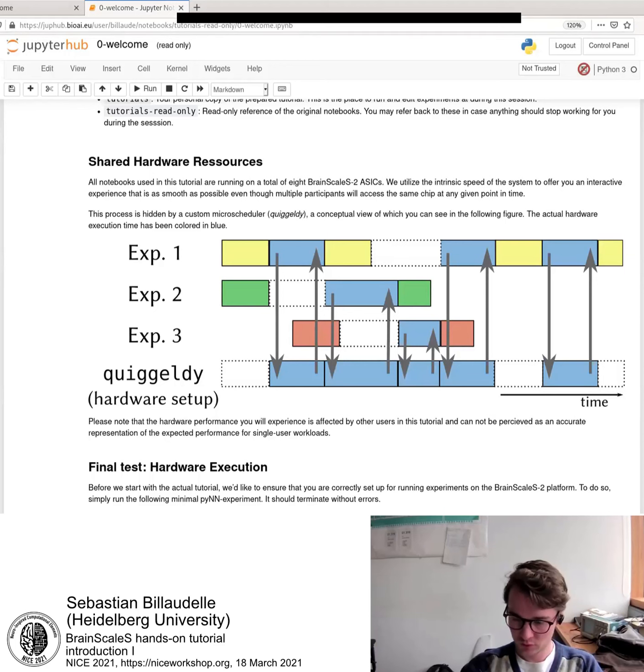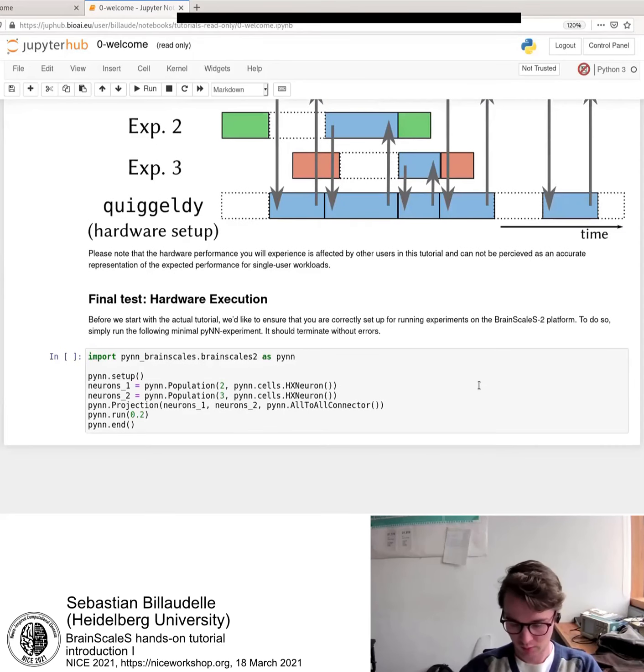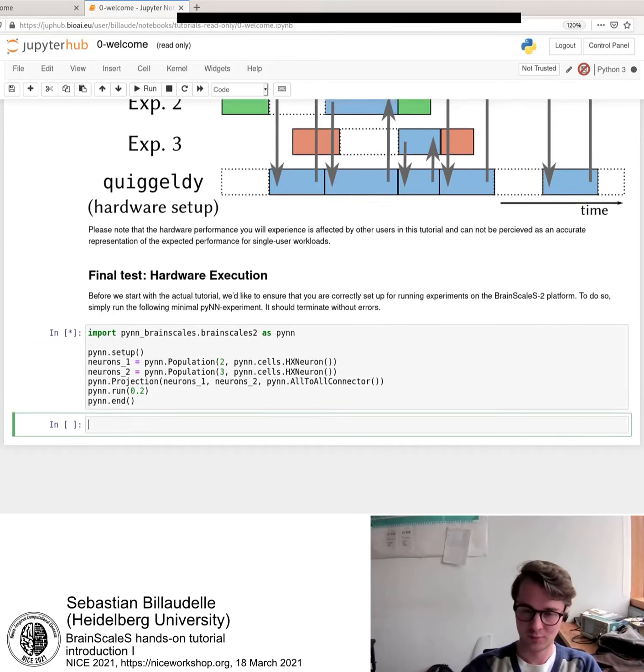Okay, so to check if you're set up correctly, I would now ask you to execute the last cell of this Jupyter notebook, by clicking into the cell and pressing Shift-Enter. And if you don't see anything, that is a good sign.